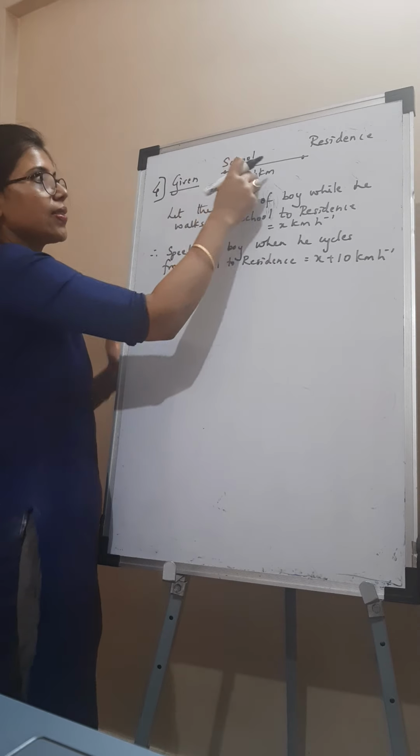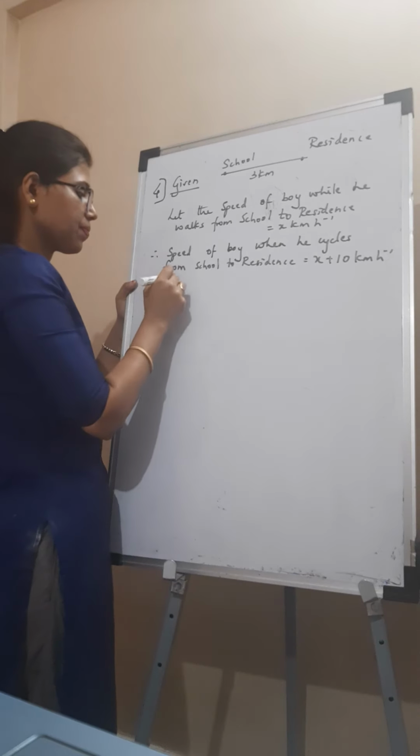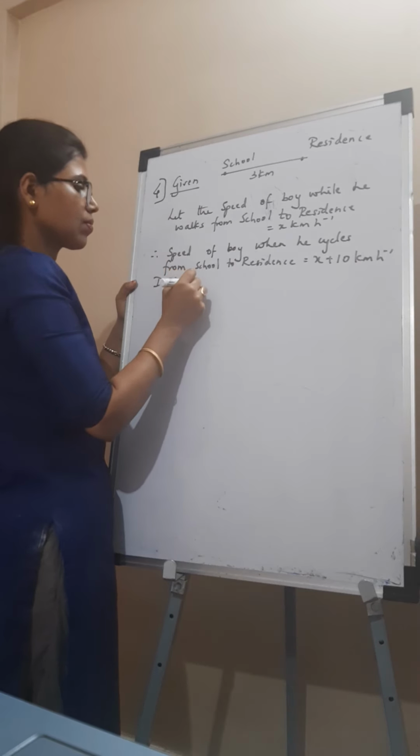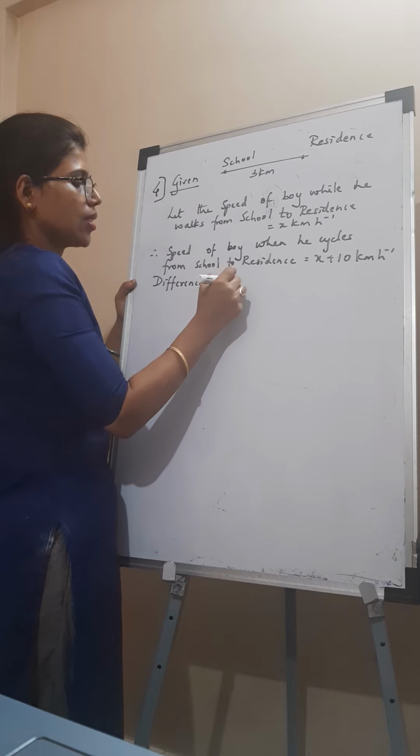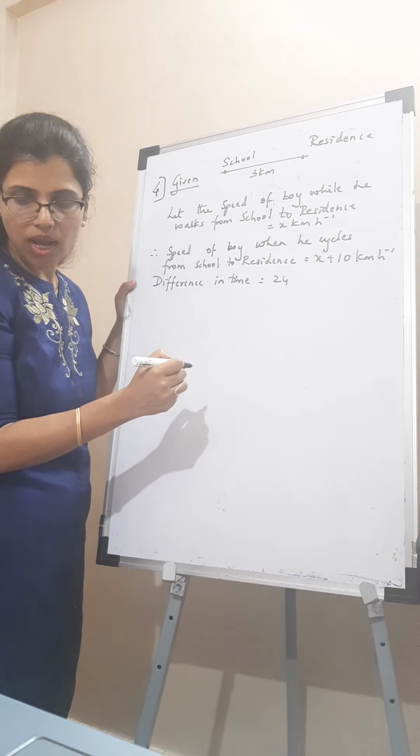Now as the distance is given as 3 kilometers and the difference is given as 24 minutes, the difference in time is equal to 24 minutes, which you need to convert into hours.